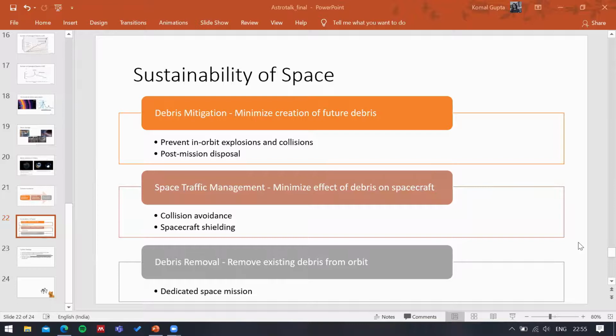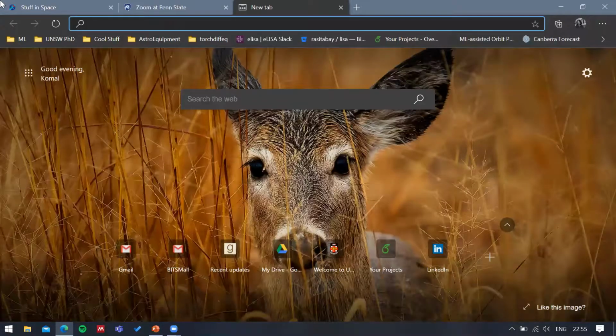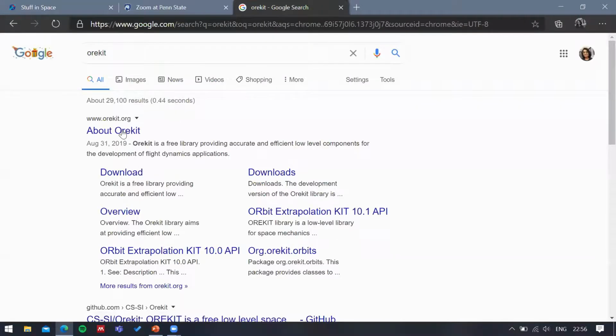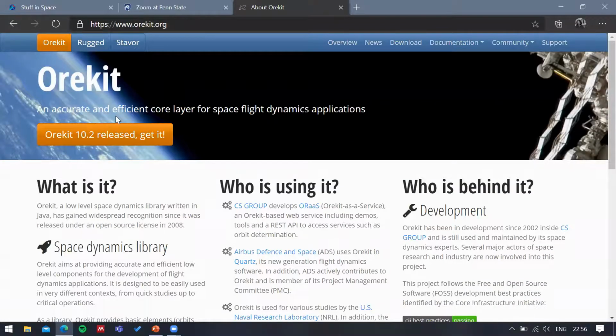Is there any open source software, when you mention these libraries, or is all this private? Oh no, there is open source stuff. For example, there's something known as ORCID. Let me just find that. Yeah, ORCID. This is a library that has everything you need to simulate a flight, like space flight dynamics, and it's actually used within my group.